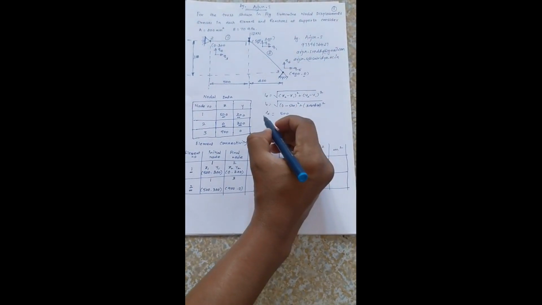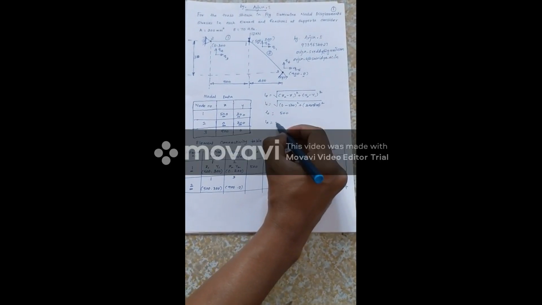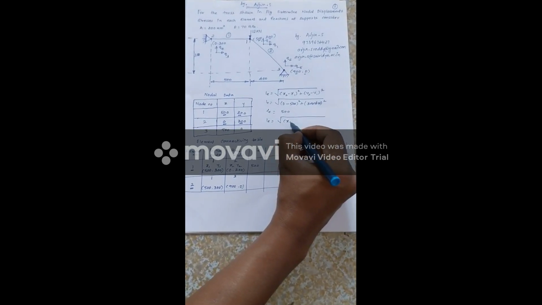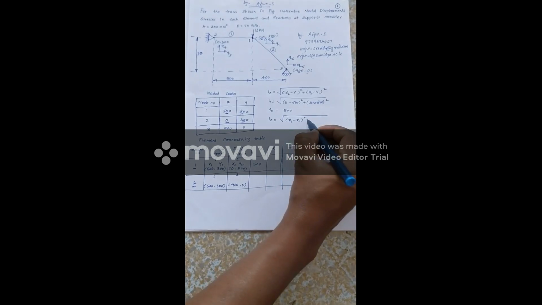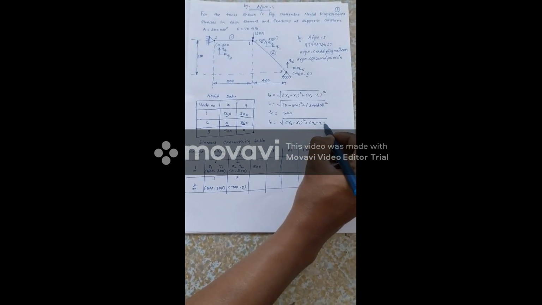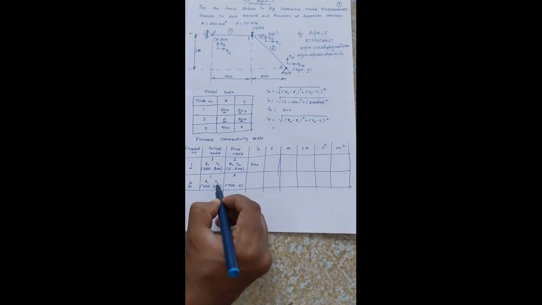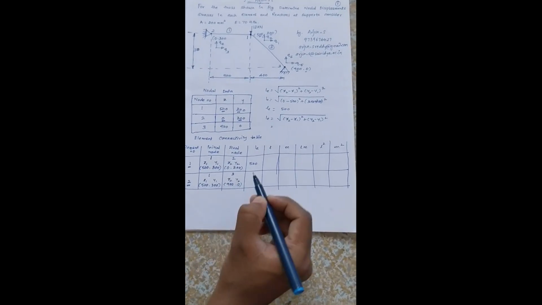Similarly for element 2, we can take the same formula, x2 minus x1 whole square plus y2 minus y1 whole square. Now you can treat this as x1, y1, and this as x2, y2.